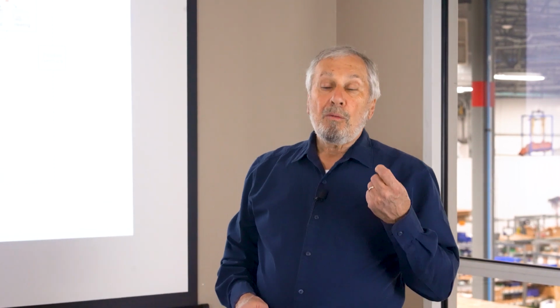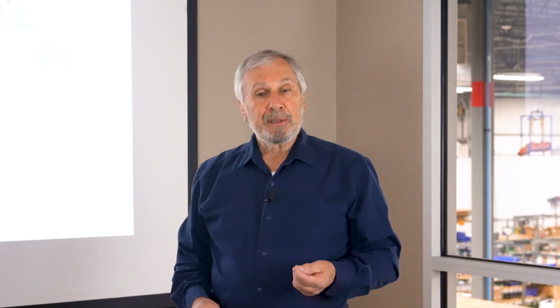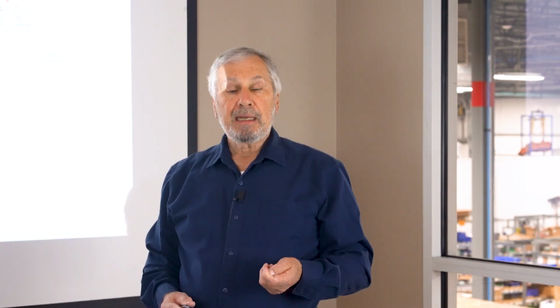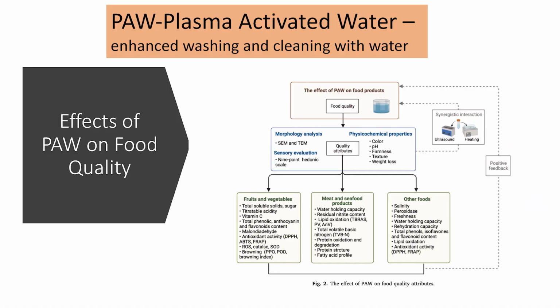So one aspect I want to talk to you about is the effect of plasma activated water, PAW or POR, and how that has an impact on fruit and vegetable cleaning. So this simple picture tells you that we can use it for fruit and vegetables. You can use it for meat and seafood. You can use it for other complex biochemical reactions.